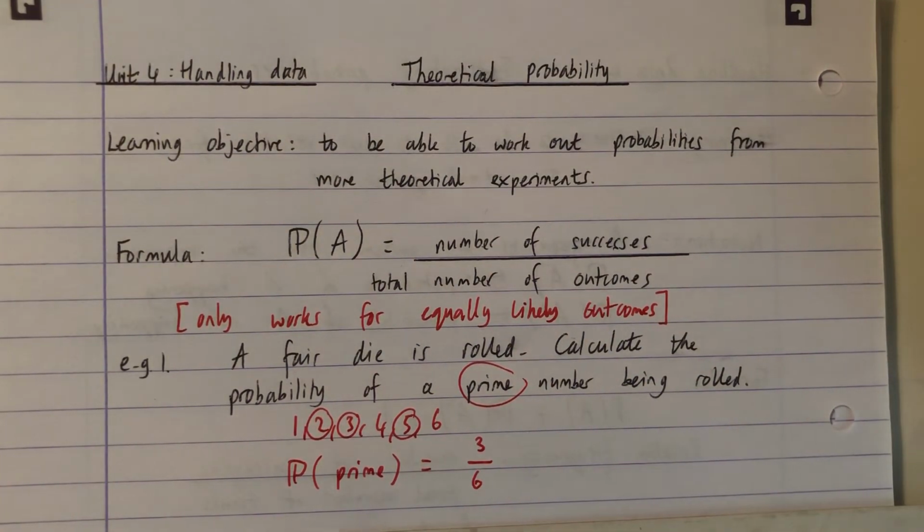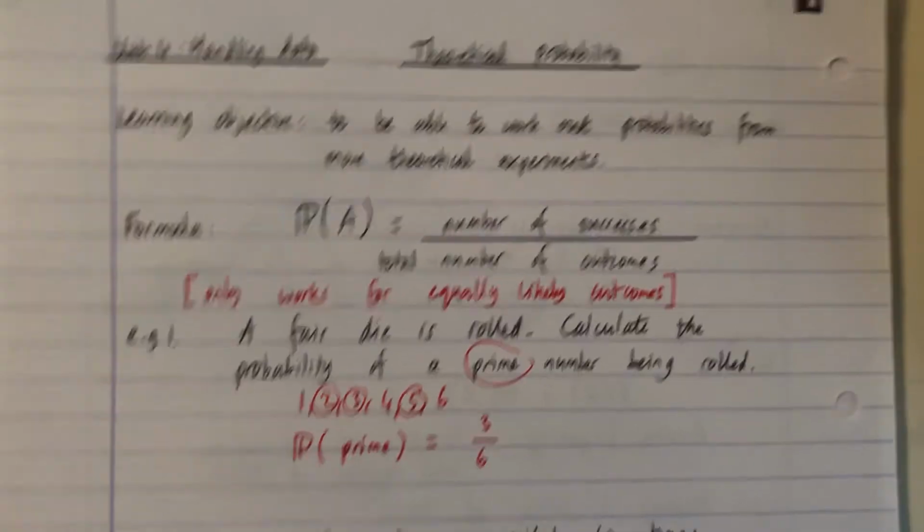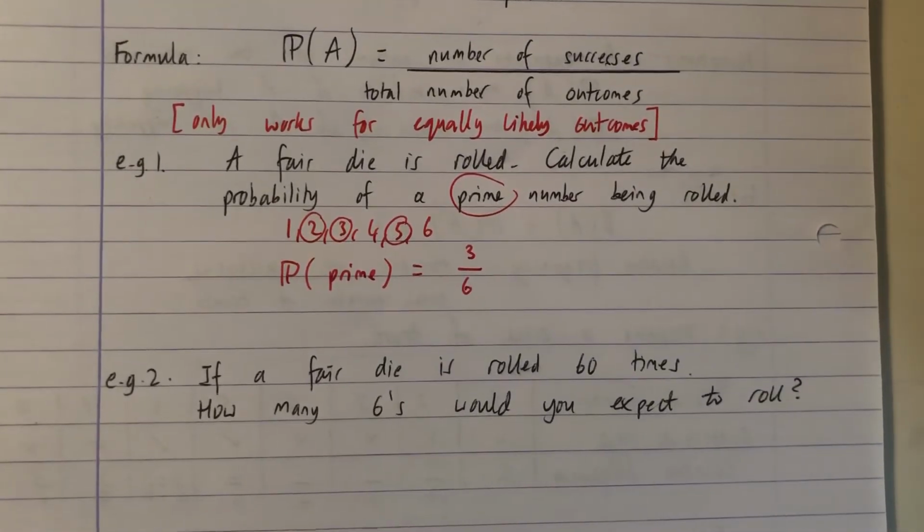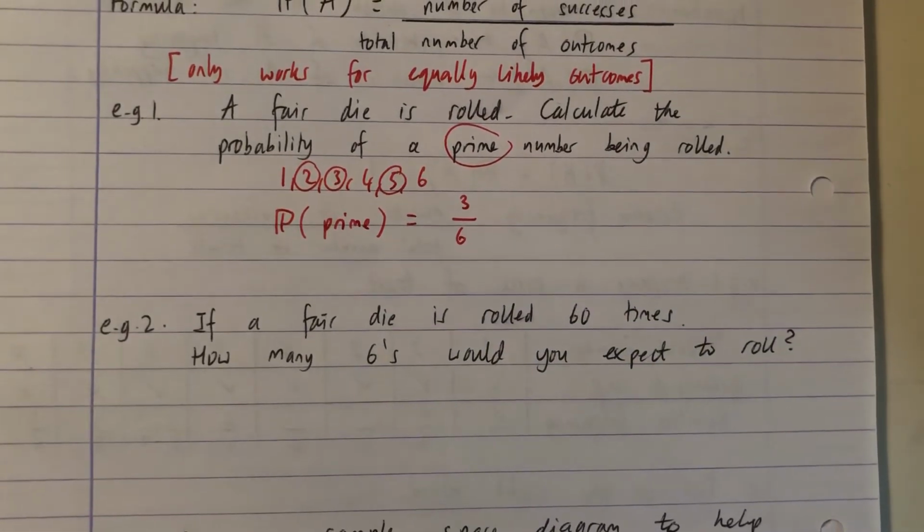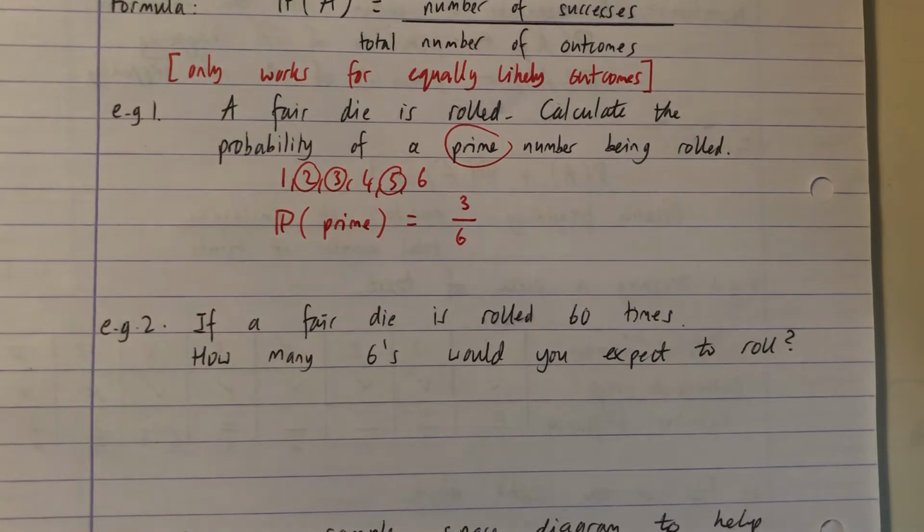And again, probability is the only area of maths where you don't need to simplify. Probably in the textbook, in the back of the book, they might simplify, but you'll get the marks in an exam for not simplifying. Example number 2, let's imagine now that fair die is rolled 60 times. How many 6s would you expect to roll? So we're not actually going to conduct the experiment, but I've got a fair die. I'm going to roll it 60 times.